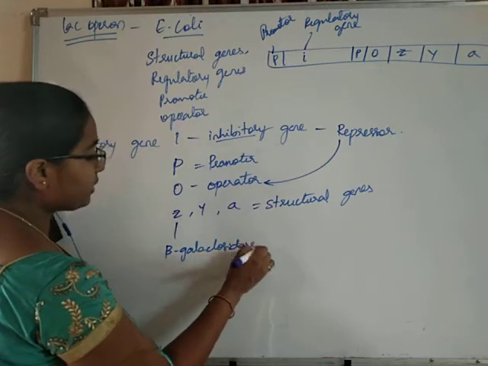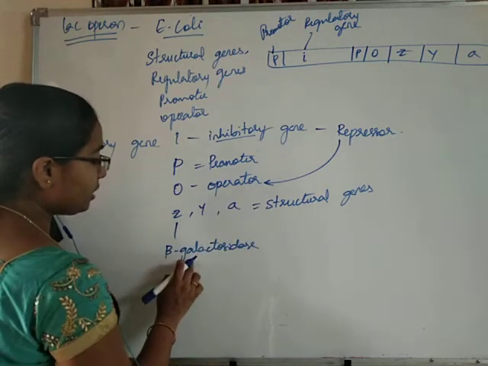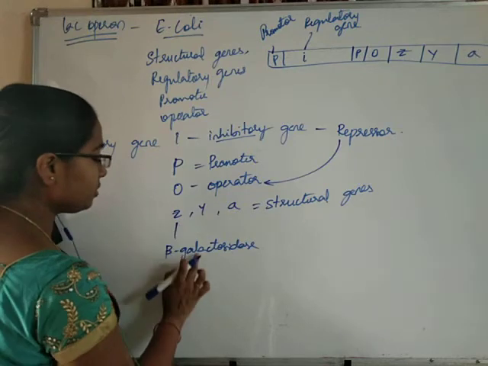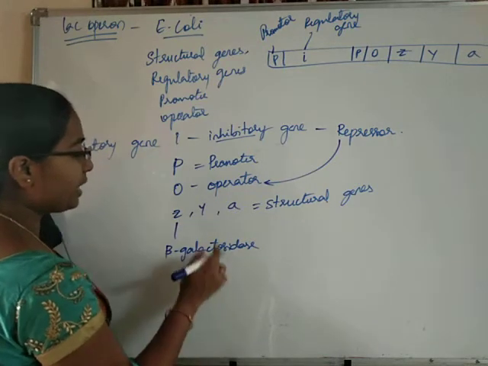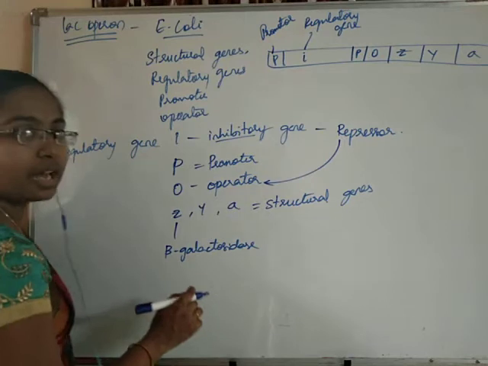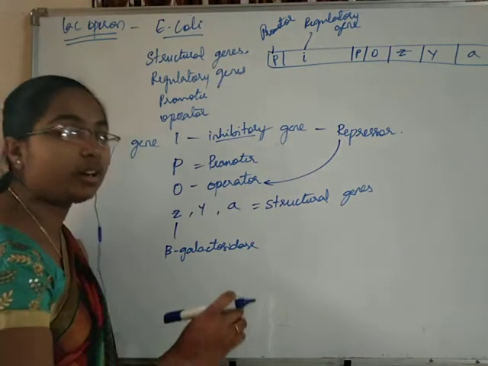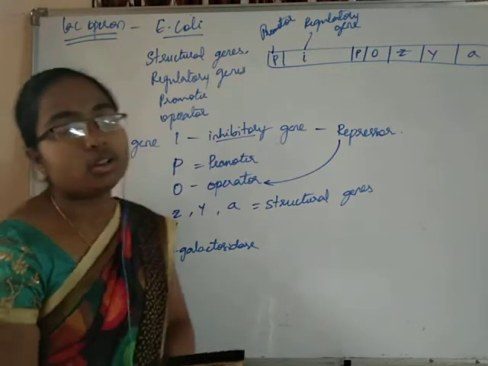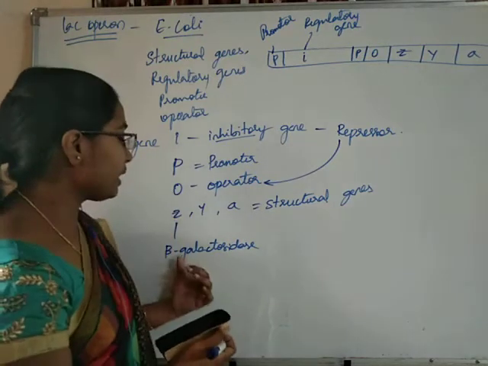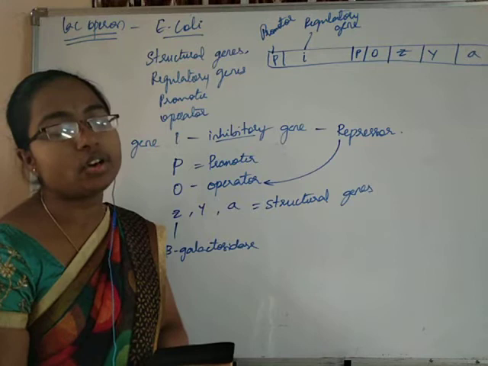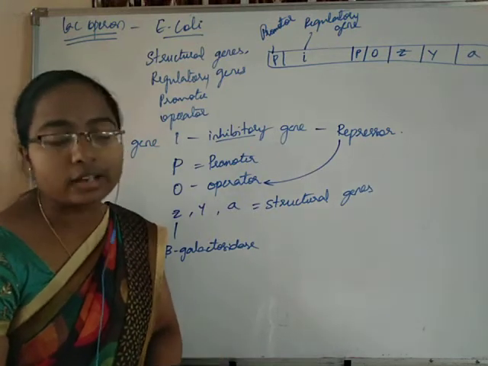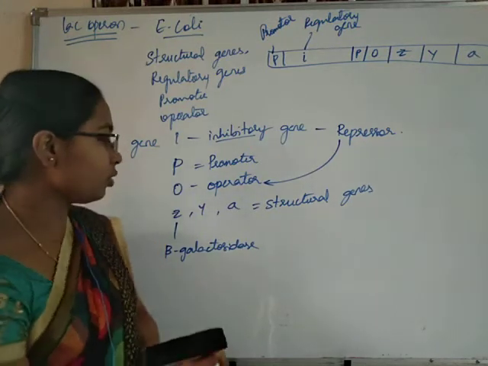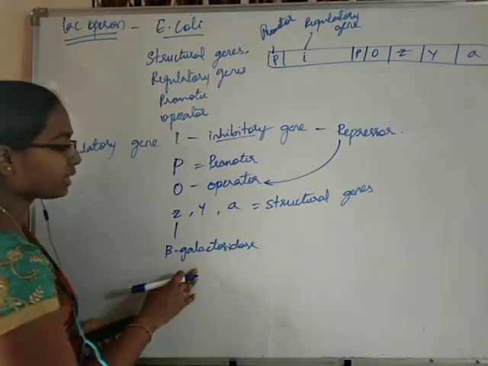Z is the gene which is producing the enzyme beta galactosidase. Beta galactosidase is the actual enzyme which is involved in digestion of the lactose into glucose and galactose.